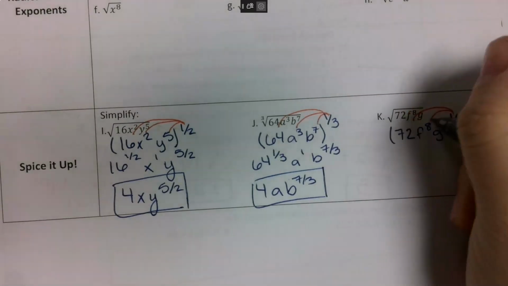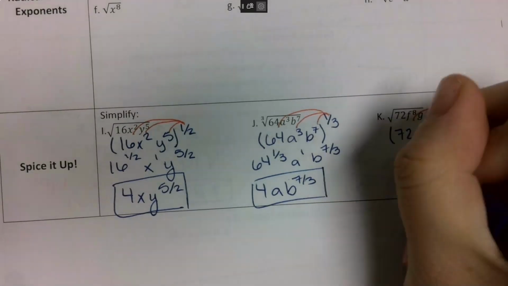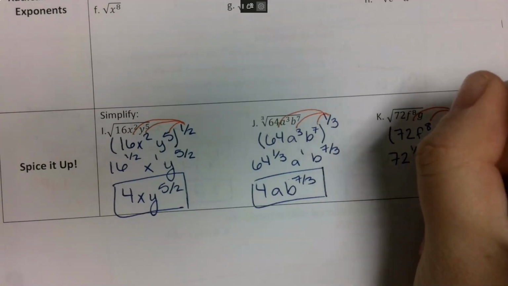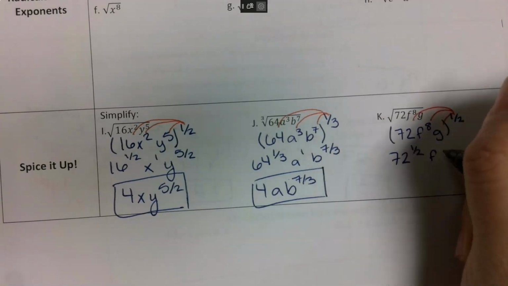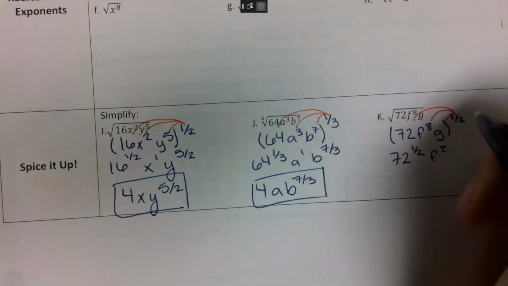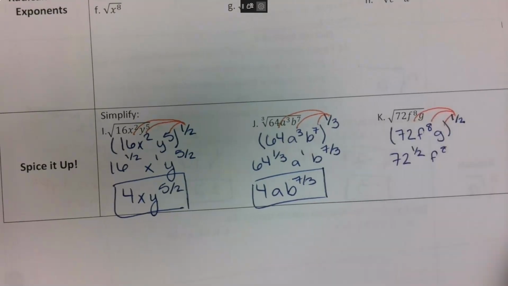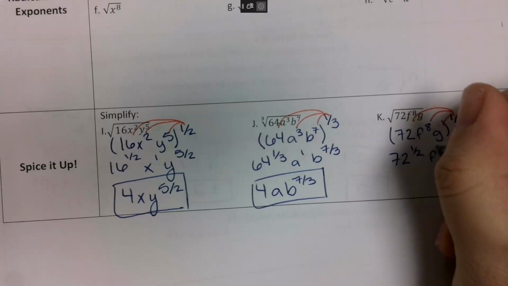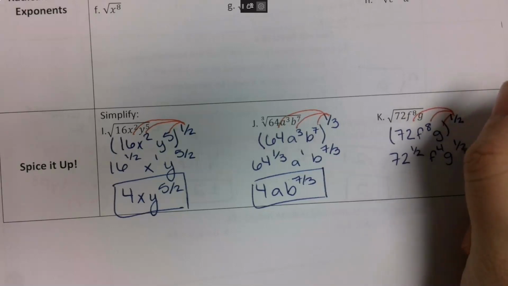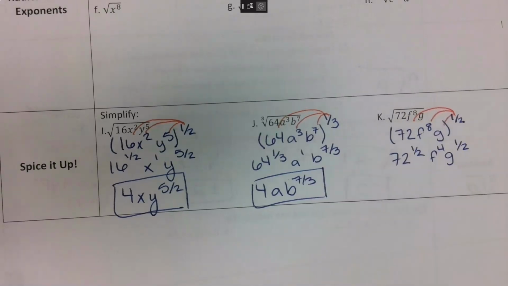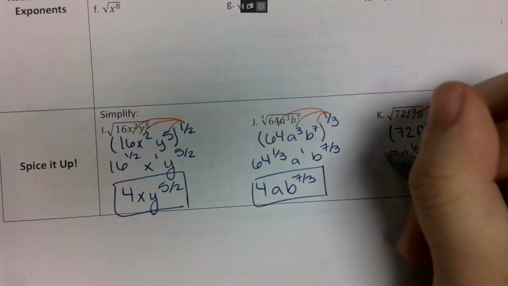Then I distribute my exponent. 8 times 1/2 is what? 4. And then my g gets an exponent of 1/2. If I type 72 to the 1/2 in the calculator, does it come out nicely? No. So I'm going to leave it. If it doesn't come out nicely, I'm going to leave it with the exponent.